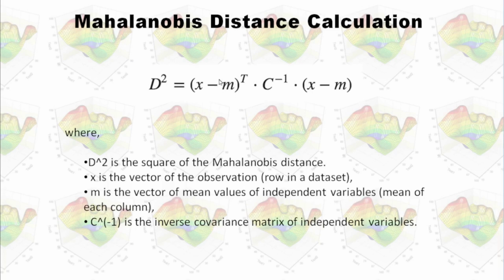So this is the mean value. C to the power minus 1 is the inverse covariance matrix of independent variables, and T is the transpose of this x minus m vector. Later, I will show you how to calculate Mahalanobis distance with Python.